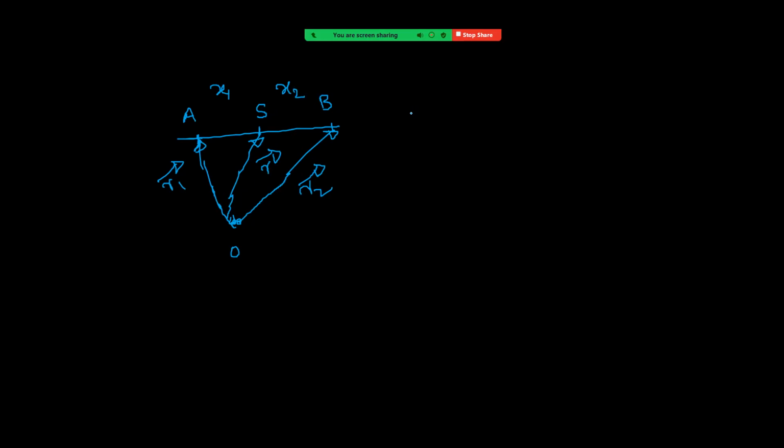So we have learned that amplitude is proportional to 1 by r. I'm taking here 1 by x to avoid confusion. That implies A into x is a constant. So the starting point: for a point source, amplitude is proportional to 1 by distance.